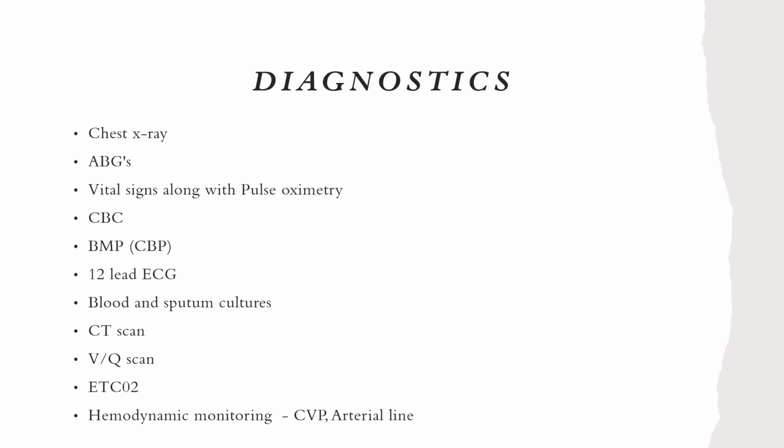Blood and sputum cultures are very helpful in diagnosing an infection. CT scanning gives us a better picture of what's going on with our lungs, if we want to rule out possibly a PE and go a little bit deeper in our diagnostics.